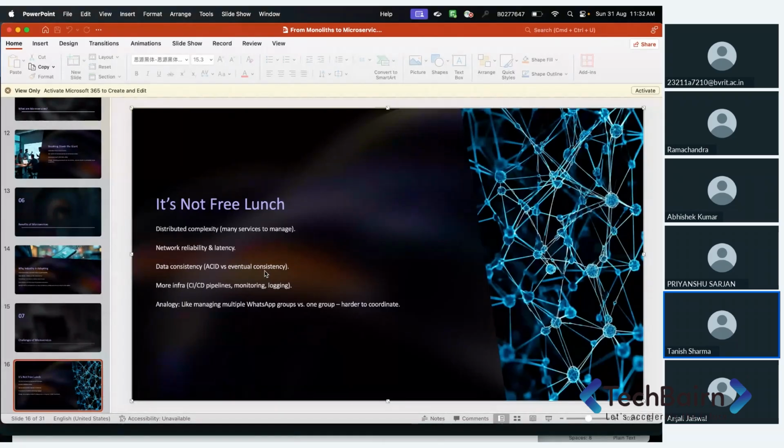So if there is different database connectivity between the microservices, then data consistency could also be affected. We already know the ACID properties, right? Here A stands for atomicity, C stands for consistency, I is isolation, and D is durability, right?